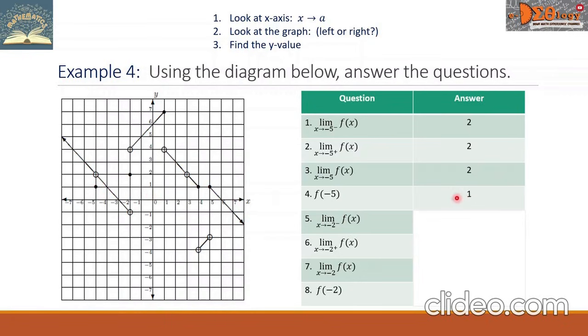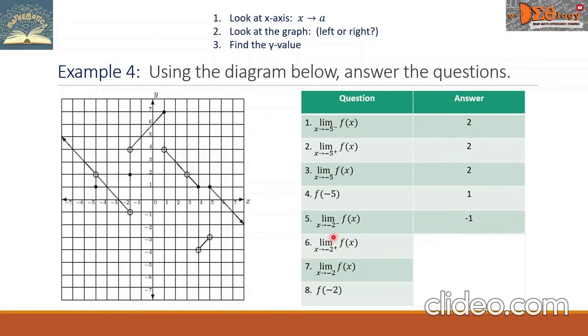So, we write here 1. Number 5. Limit of the function as x approaches -2 from the left. -2 is here. The corresponding graph when x comes close to -2 is here. So, we will get the corresponding value as -1. So, the answer here is -1.